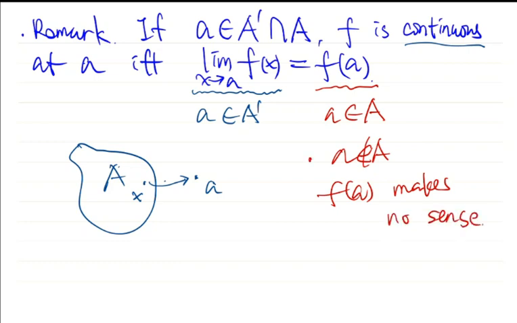But if a is a limit point and also an element in A, then this makes sense and they are equal. Okay.